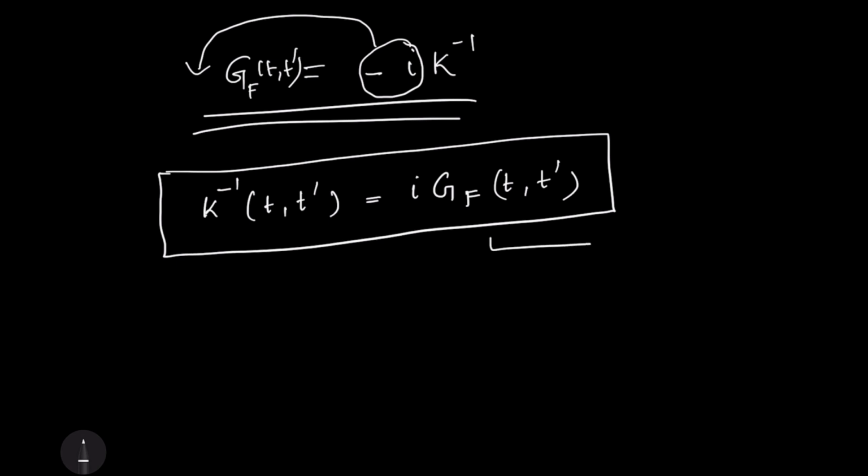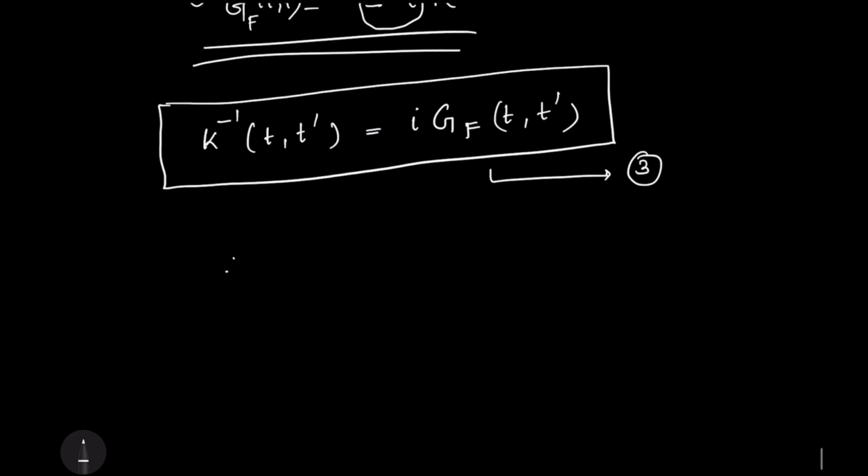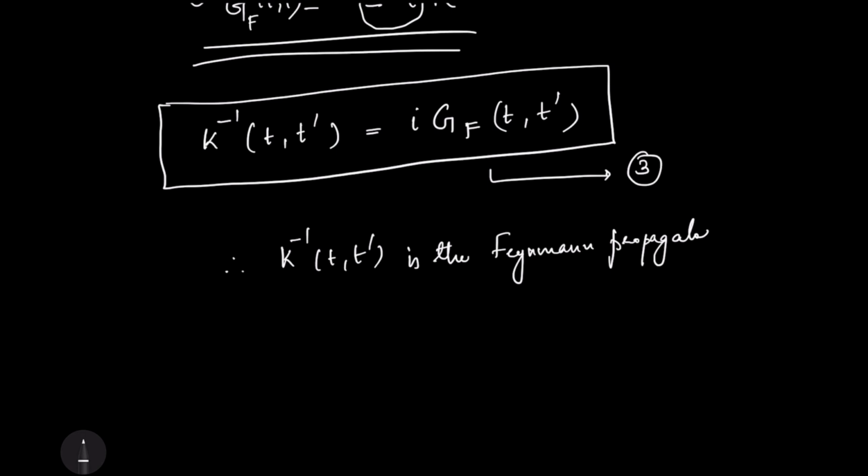Let this be equation number 3. Therefore K inverse(t, t prime) is the Feynman propagator in the harmonic oscillator, right?